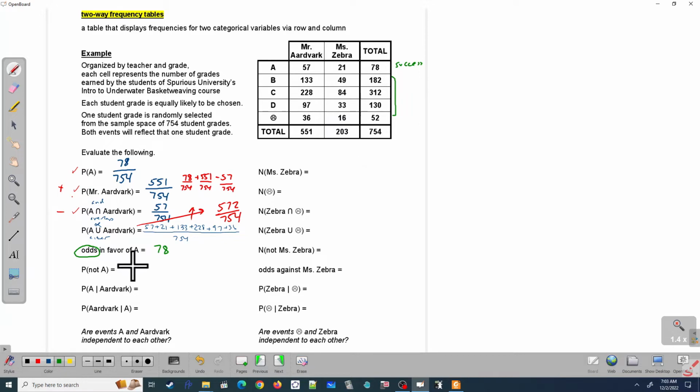Or I could just simply have gone, here's 1 minus just the 78 out of 754, which means it's going to essentially be 754 over 754 minus 78 over 754, and that one worked out to be, in this case, 676 out of 754. Well, it's the 78 that I actually want here. So this is the success, this is the sort of failure, and so I'm going to say 78 to 676. Now, can all these be reduced?